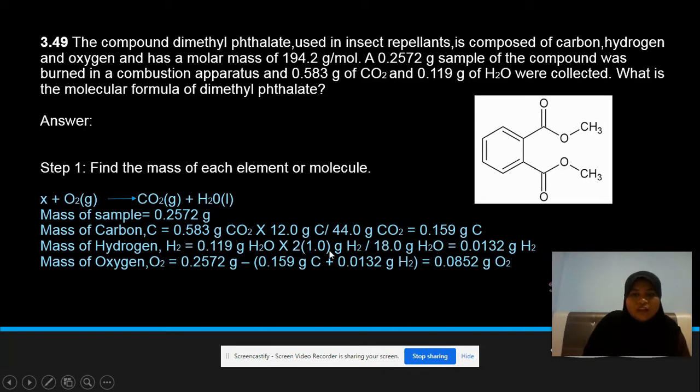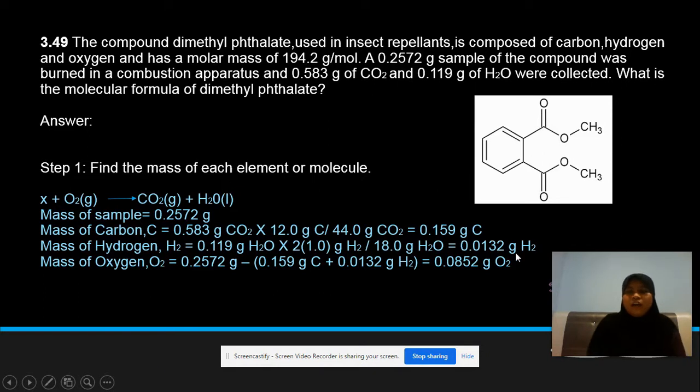The molar mass of hydrogen is 1.0, right? There are two atoms of hydrogen, so 2 times 1, so we multiply with 2 over 18 gram of water. Then we get the mass of hydrogen.